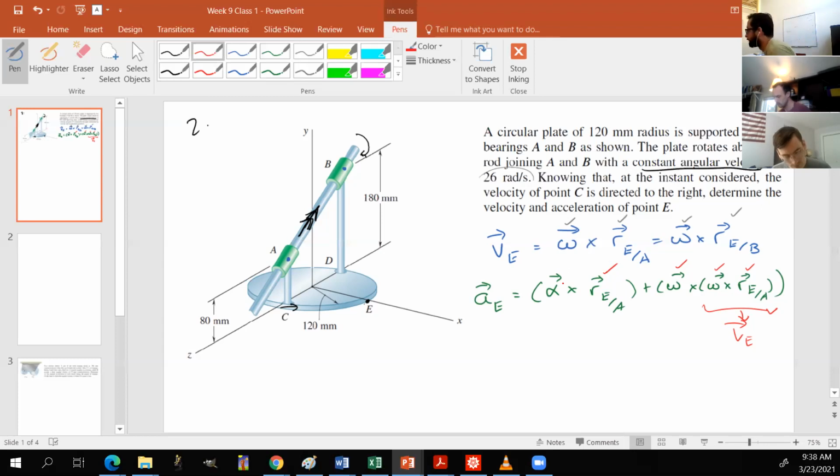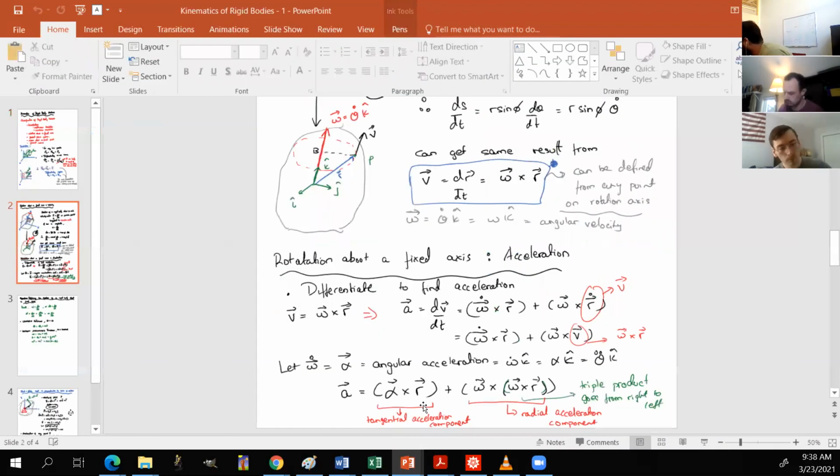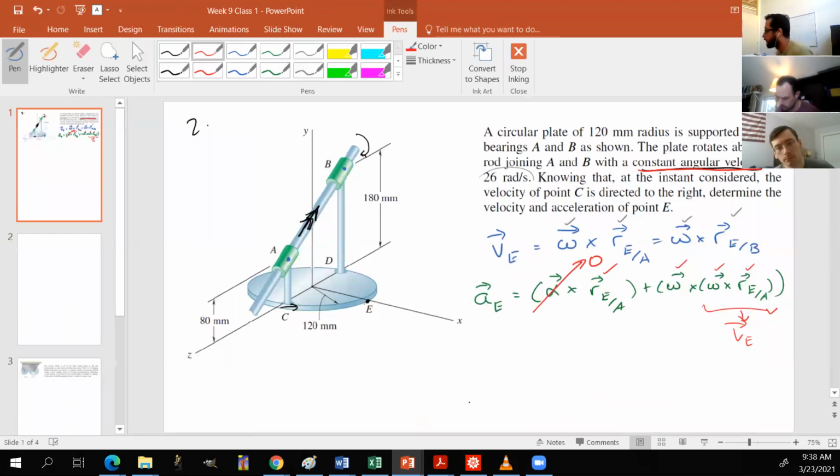Because of constant angular velocity, which means the angular acceleration is zero. So this is zero, and that means there is no tangential acceleration component. That's it. That's all we need to do.